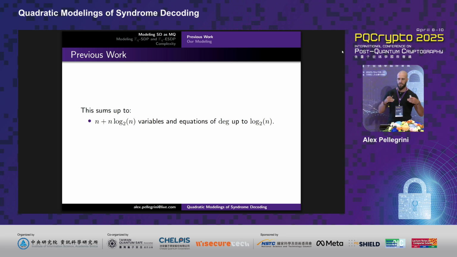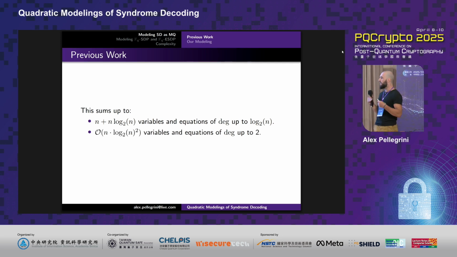So there is some sort of linearization process that comes in order to decrease the degree of the equations to 2, and this happens by introducing variables and some other equations which describe dependencies of these new variables, but this also adds a log 2 factor into the asymptotic cost in number of variables and equations.